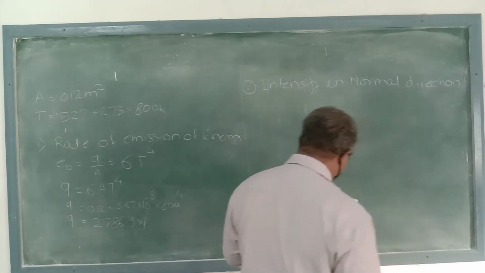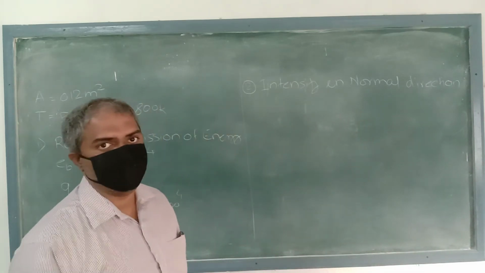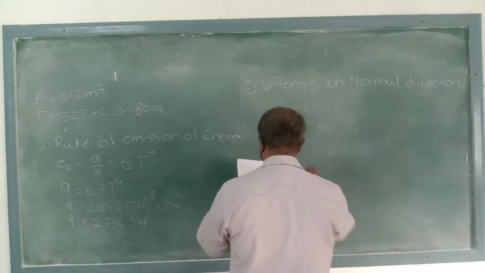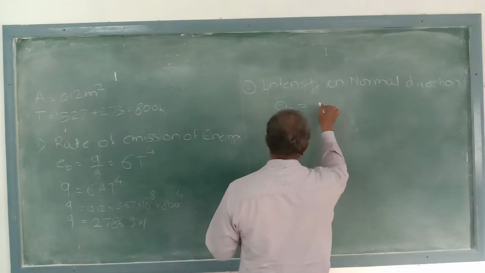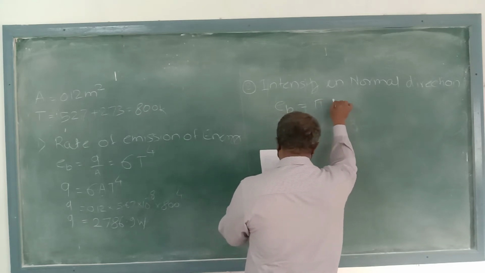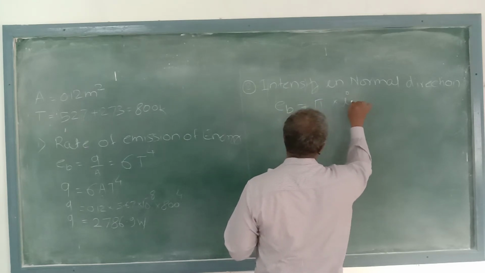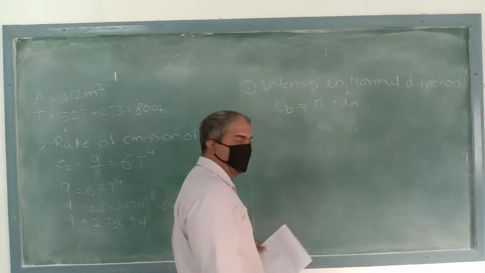For black body surfaces, we have seen the derivation: EB is equal to pi into the intensity in normal direction.